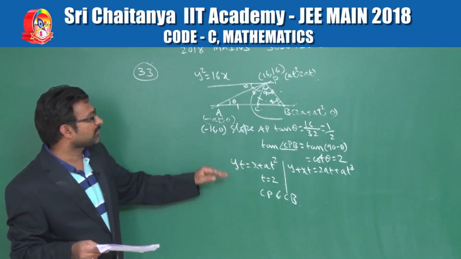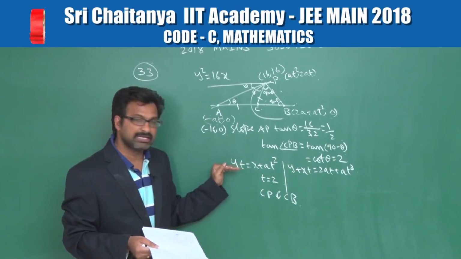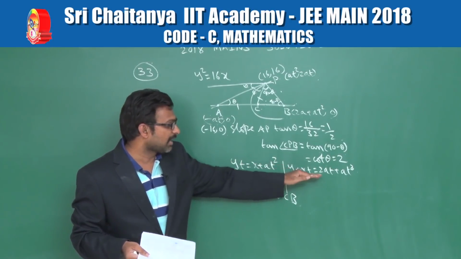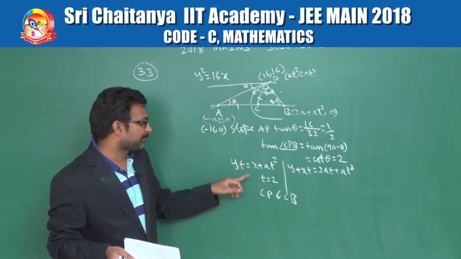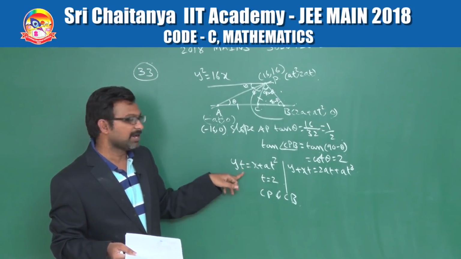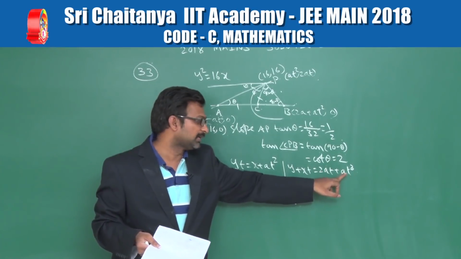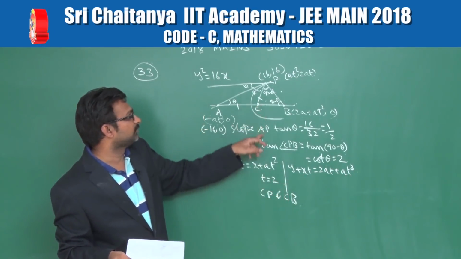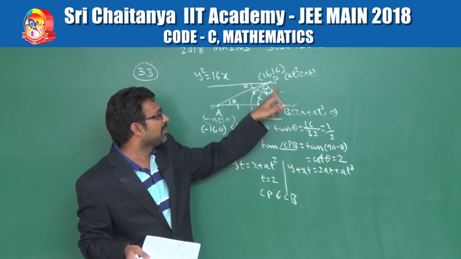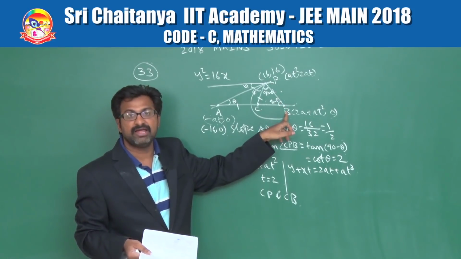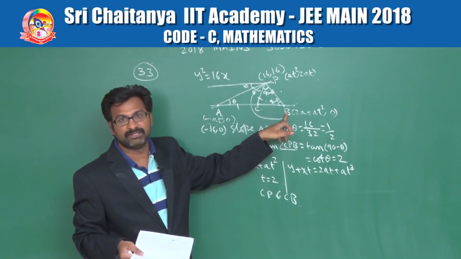Or else what we will do is, we know the equations of the tangent and normal at any point in parameter t, where t is 2: yt is equal to x plus at square, and y plus xt is equal to 2at plus at cube. Using that also we can find the slopes of CP and BP, and we can find the tan of the angle included between them.